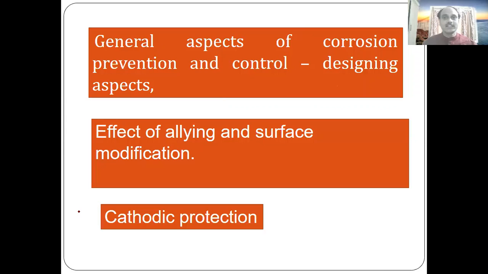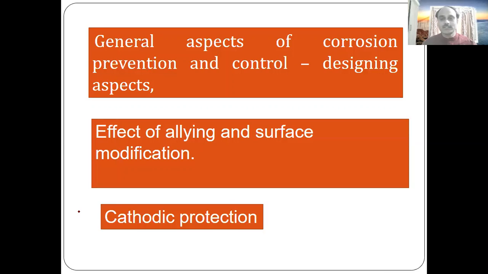Then the general aspects of corrosion prevention and control: how do you control corrosion? You cannot avoid corrosion completely, but you can reduce the rate of corrosion on the surface. So whichever material we use, we have to design it in such a way that the prevention of corrosion becomes maximum.